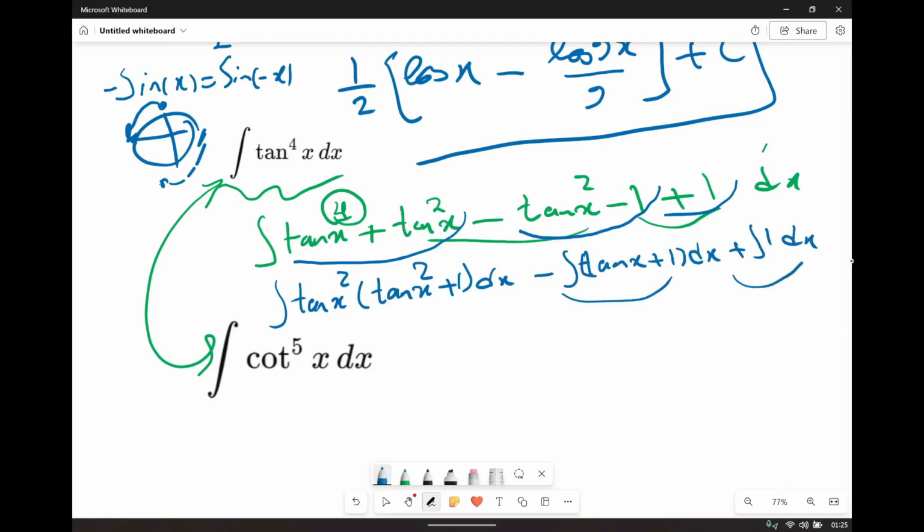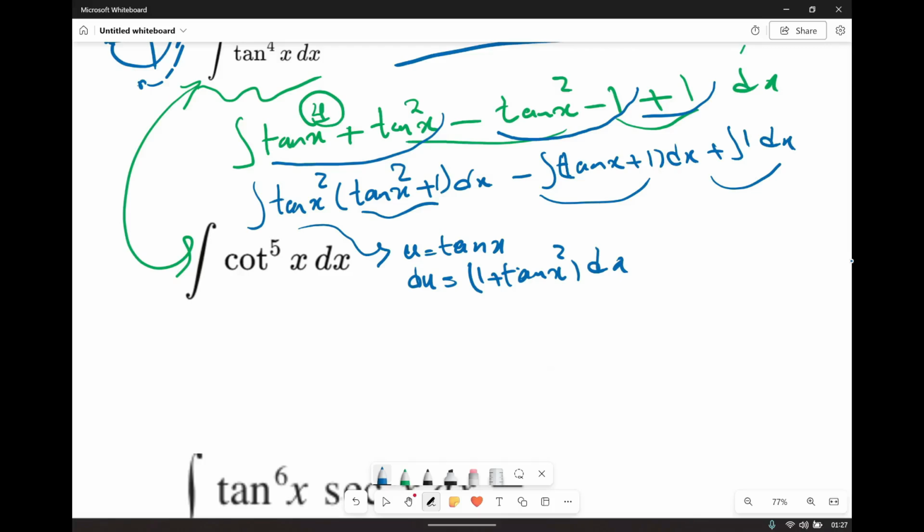These two factors are simple, and this is also simple, because if I put u as tangent x, our derivative is 1 plus tangent x power 2 dx. Our integral is u power 2 du, which is u power 3 over 3.